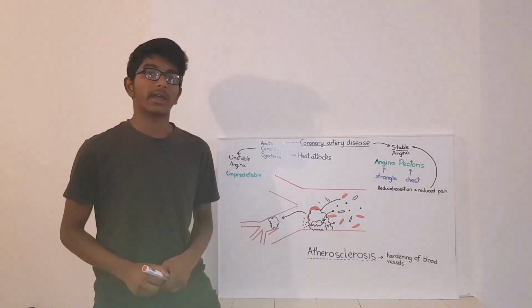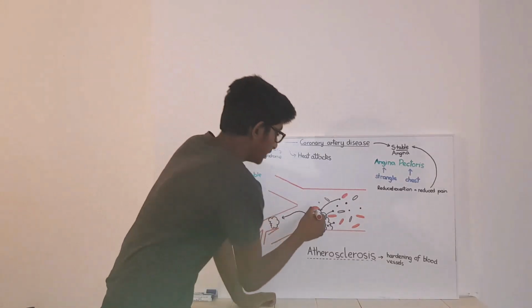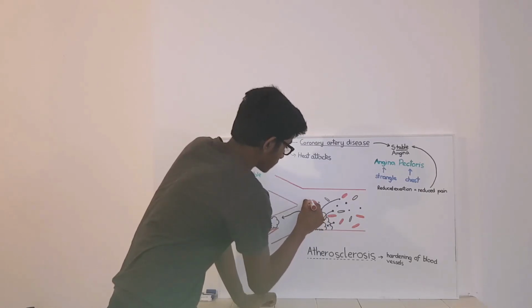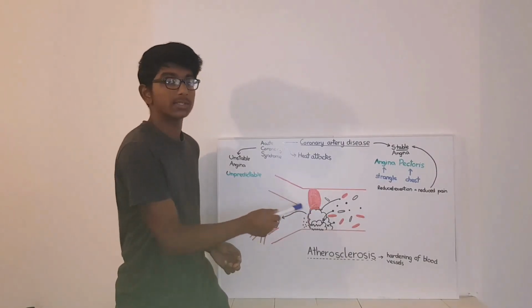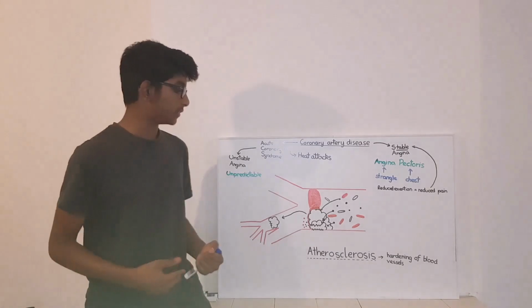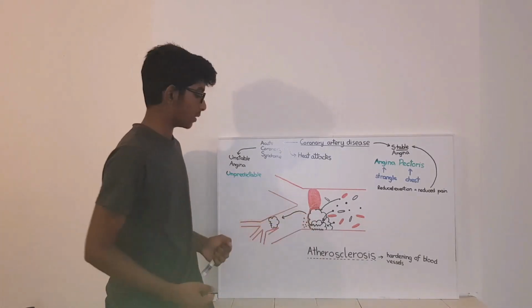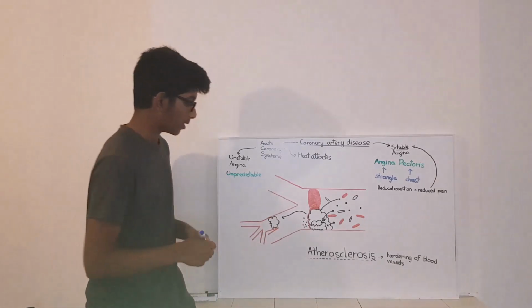The other thing that can happen is that this plaque material can completely clot. It can completely clot and block off this blood vessel. And this is called a thrombosis. And when either of these things happen, whether you've had a thrombosis or whether you've embolized, you've completely blocked off a blood vessel.